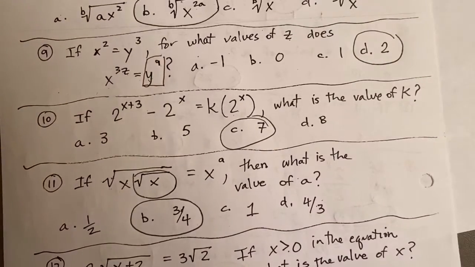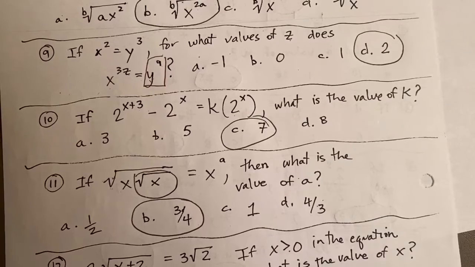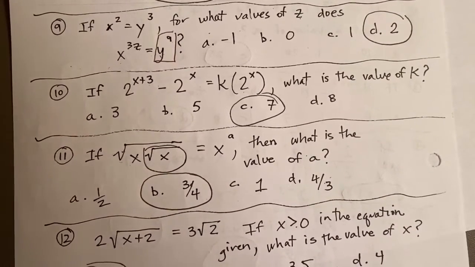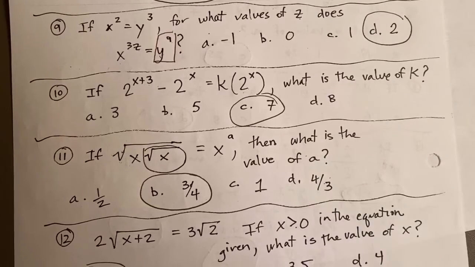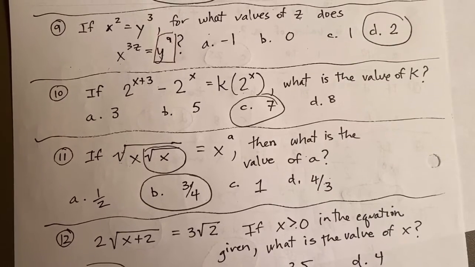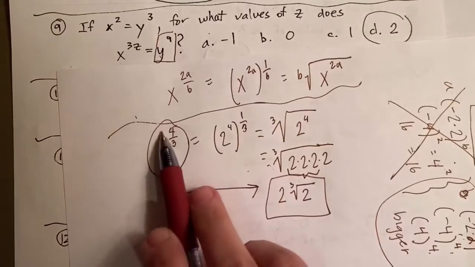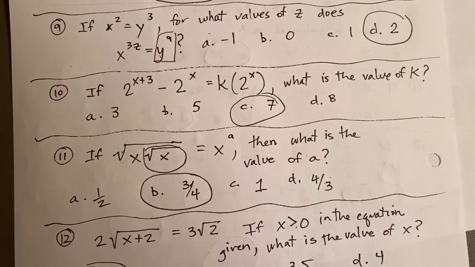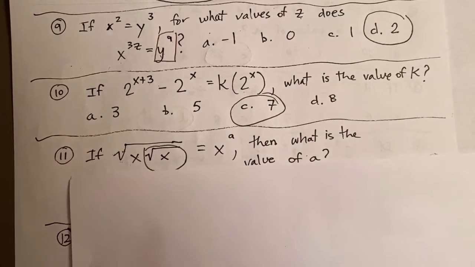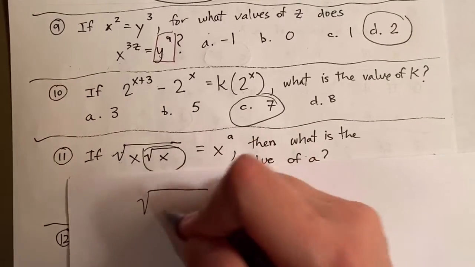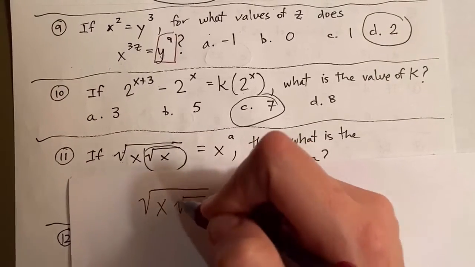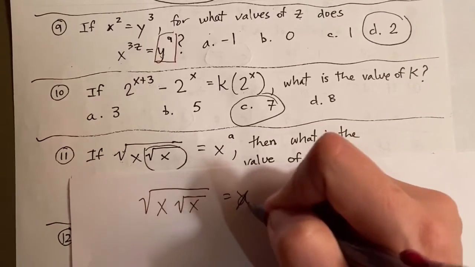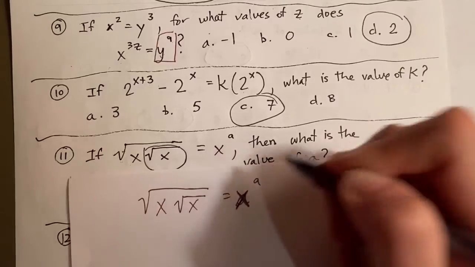Let's take a look at 11. Now, similar to my example I gave you a minute ago, where I was just making up a number and showing you how I would break that down, this one's very similar. So this is saying the square root of x times the square root of x has to equal x to the a.